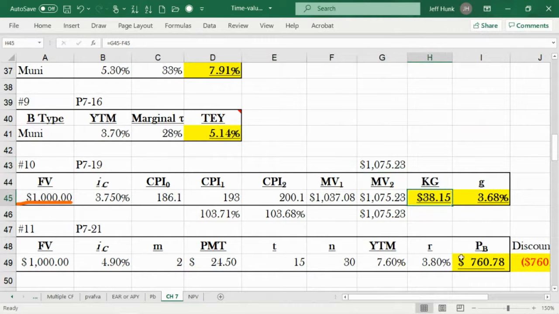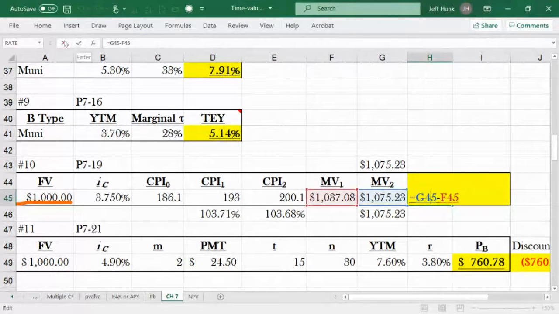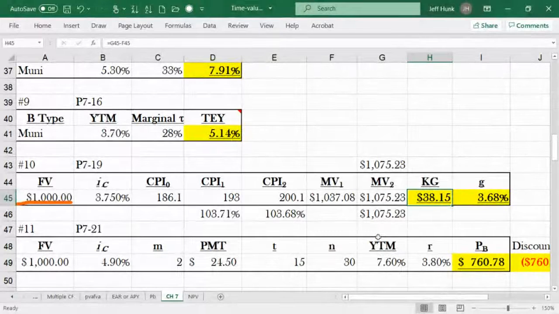What are the capital gains? Look, between year one and year two, it's simple, there were capital gains. Now you might wonder, isn't it 1,000?